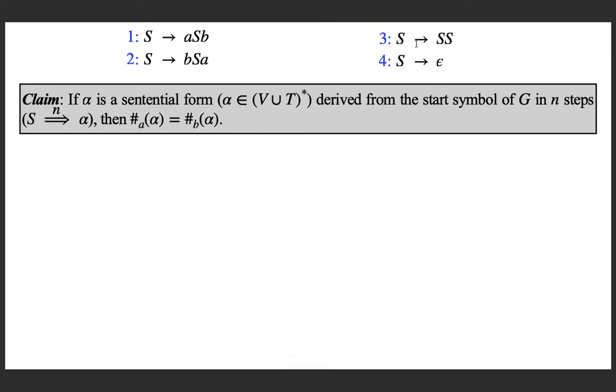Soundness means we have this claim: if alpha is a sentential form, recall that a sentential form is nothing but a string of terminals and non-terminals which is derived from the start symbol of G. And here the claim is that if alpha is derived from the start symbol of the grammar using n steps in the derivation, then the number of a's in alpha must be same as number of b's in alpha.